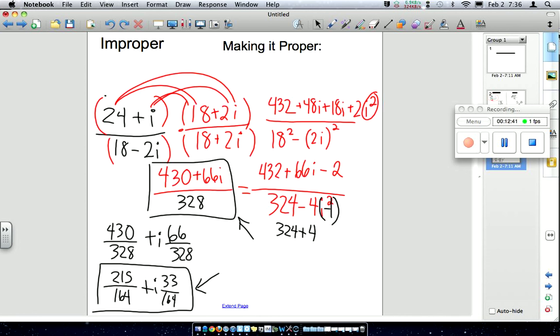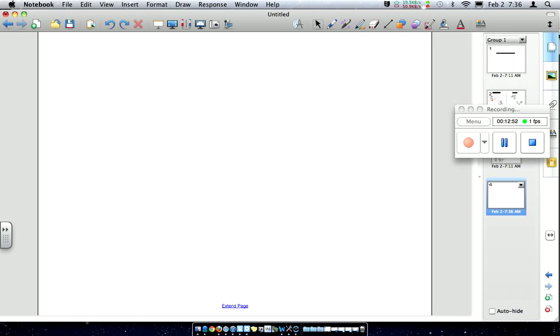Here are some problems that you can try on your own to get some additional practice. So see if you can simplify the following. 2 minus square root of 3 over square root of 5 plus 1. Make that proper.